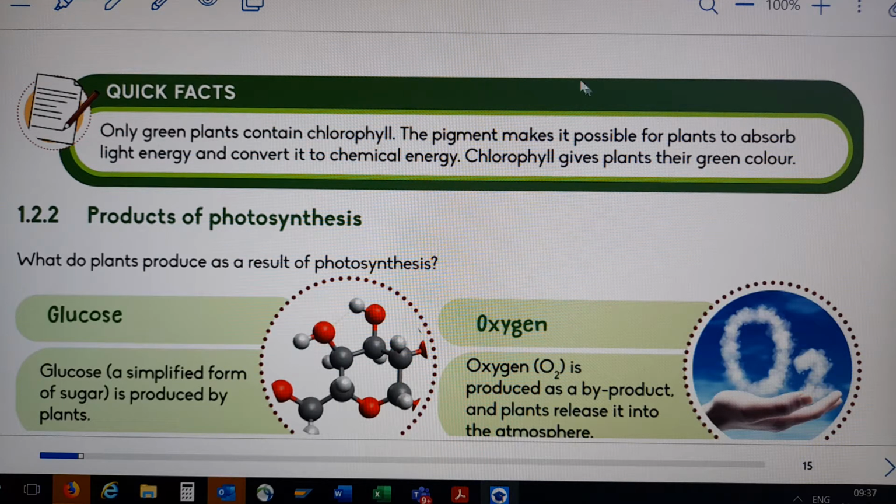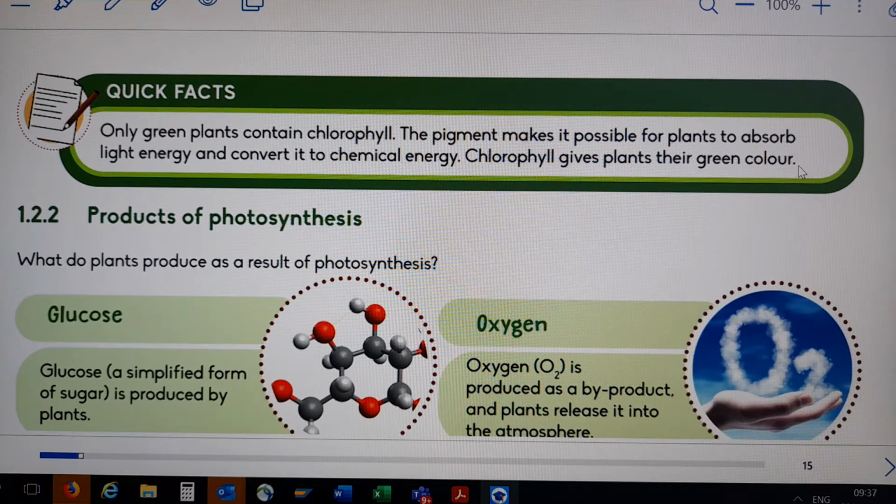The chlorophyll makes it possible for plants to absorb light energy and also convert it into chemical energy. Two things: it absorbs light energy from the sun, and number two, it converts that very same light energy to chemical energy. And chlorophyll gives plants the green color.